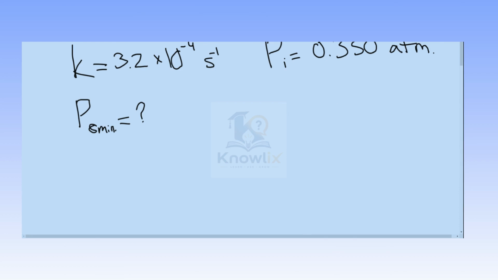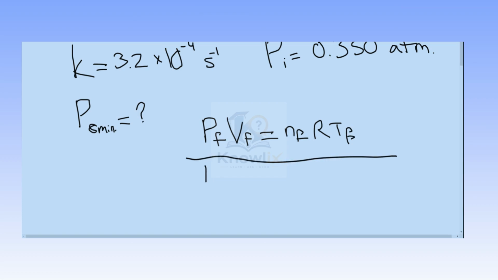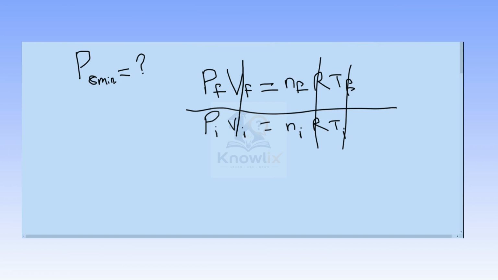Well, let's first take a look at our ideal gas law. We will notice that the temperature remains constant, the gas constant remains constant, and the volume remains constant.